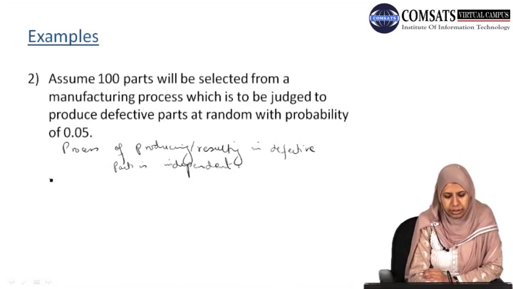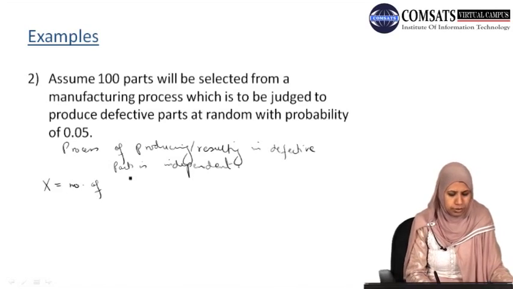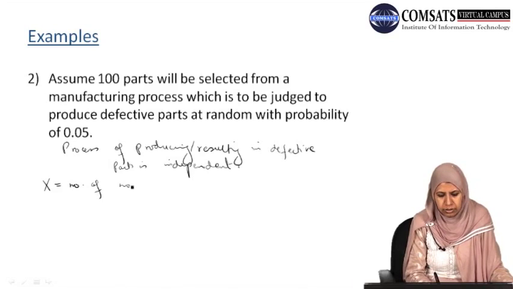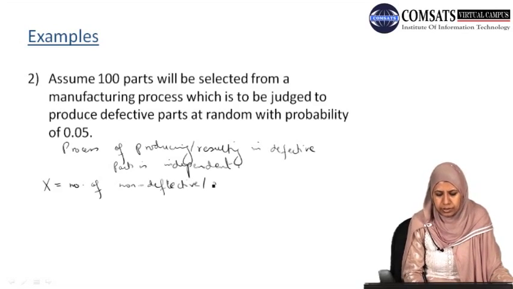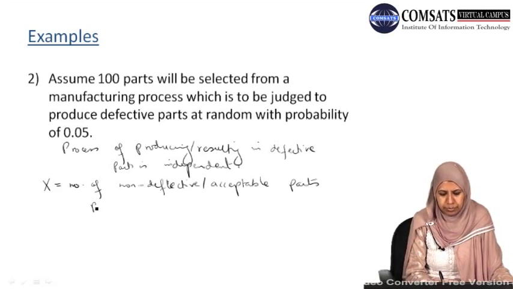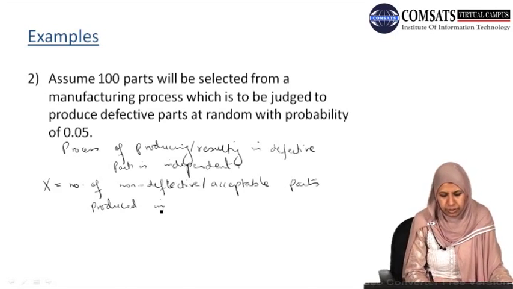Okay, we define our random variable x as the number of non-defective or acceptable parts produced in 100 trials.